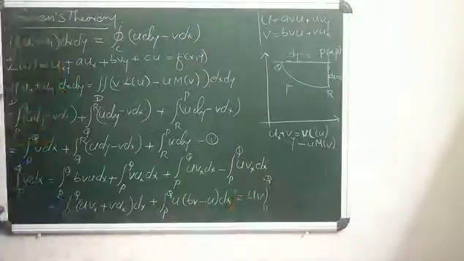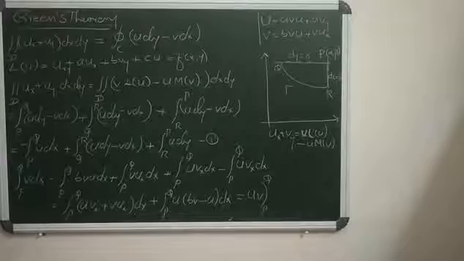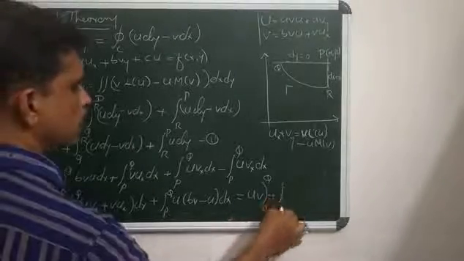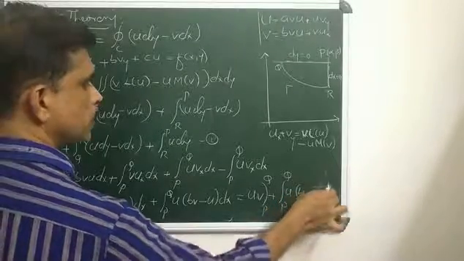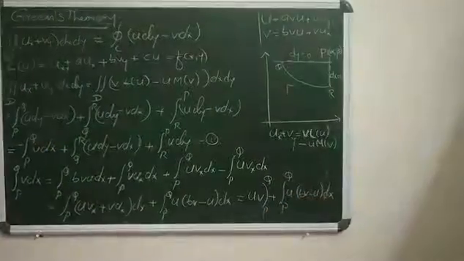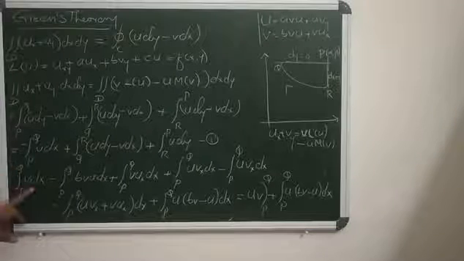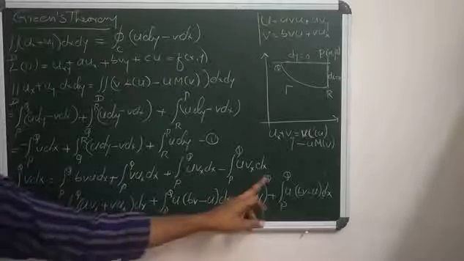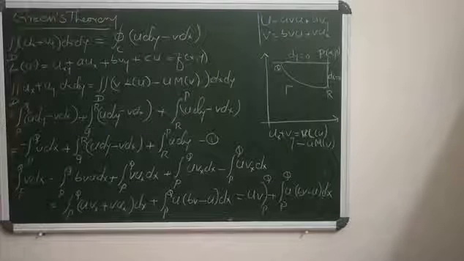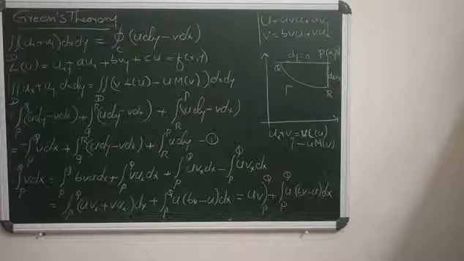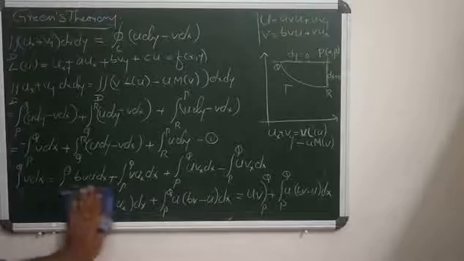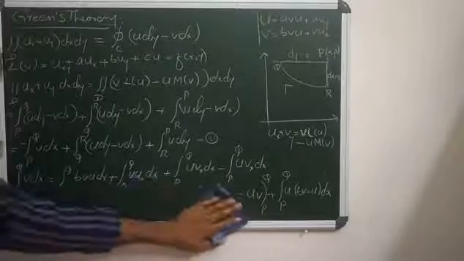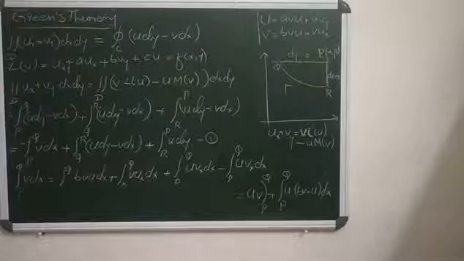Along PQ. uv along PQ plus what remains: the integral along PQ of u into b v minus u dx. So the integral along PQ of v dx is nothing but uv along PQ plus the integral along PQ of u b v minus u dx. Agreed? So what is uv along PQ? It is uv along Q minus uv along P, plus the integral along PQ of u b v minus u dx.